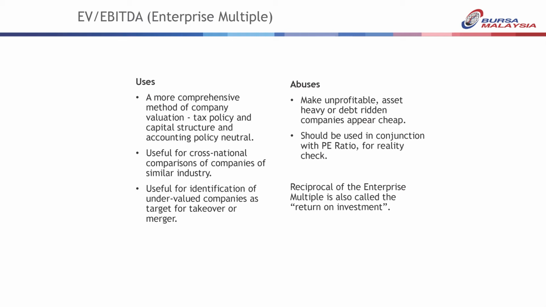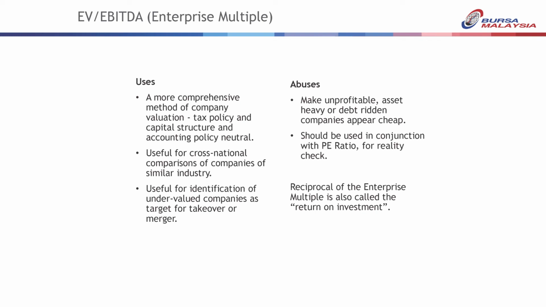This is a number that I can use across markets. It's useful for cross-national comparison like I just mentioned, and it's useful for identifying undervalued companies as targets for takeover or for merger and acquisition. For most value investors, if you know this number, it will come in very handy, because PE is not accurate.